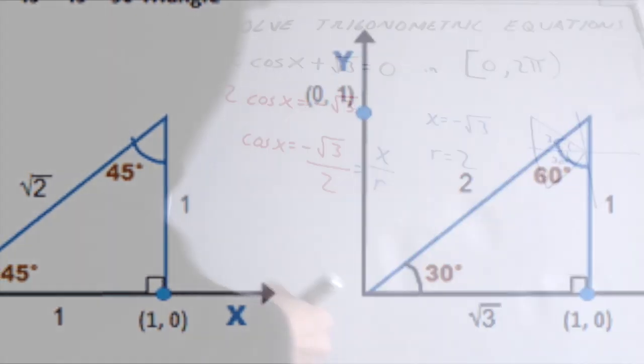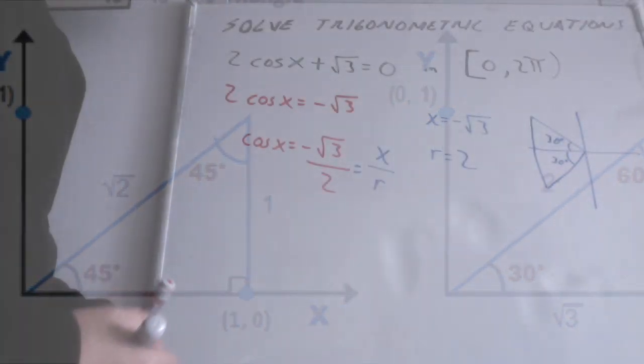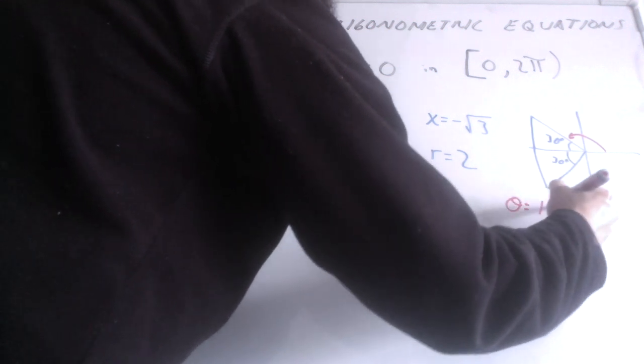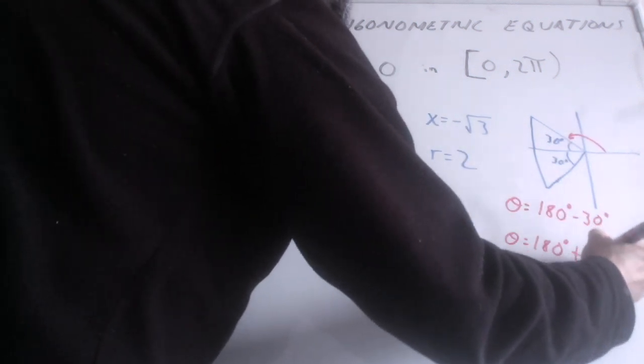So I have two triangles of 30 degrees. I have to find the angle that is from here to here. So the operation I'm gonna do is one angle is 180 minus 30, and the other angle is gonna be 180 plus 30.